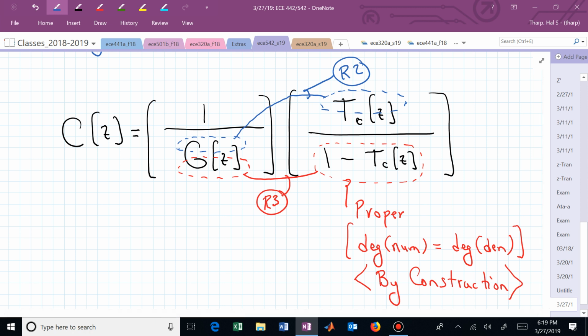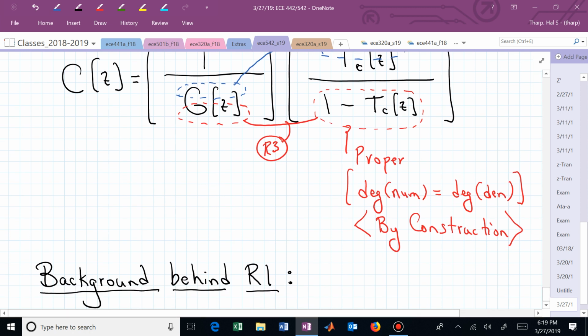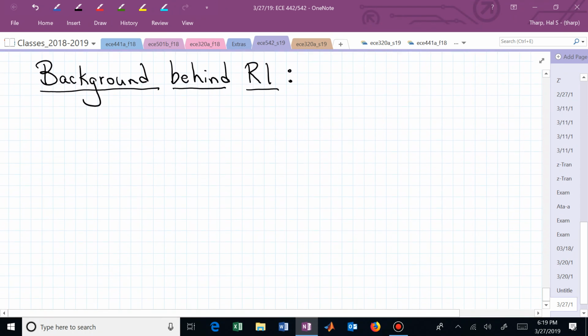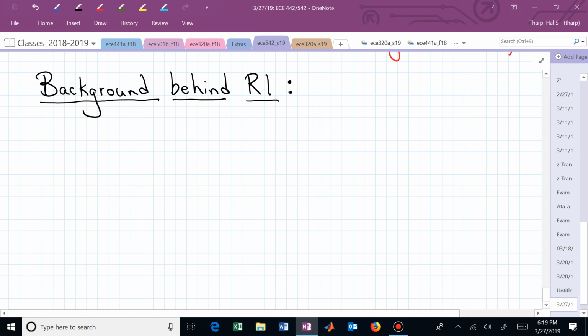Let's now look at restriction 1 a little bit more carefully, the background behind restriction 1. Restriction 1 dealt with the pole zero excess.